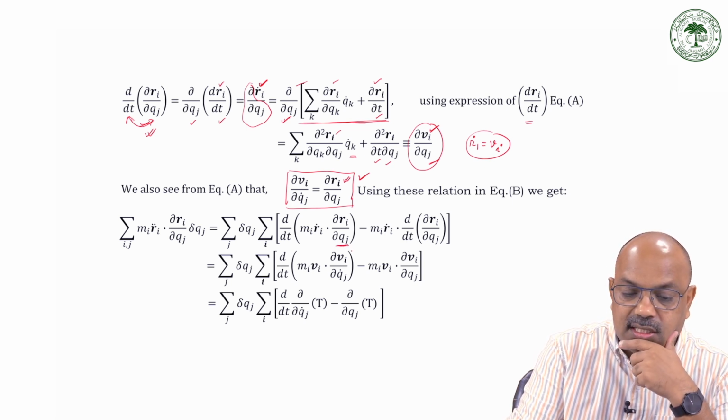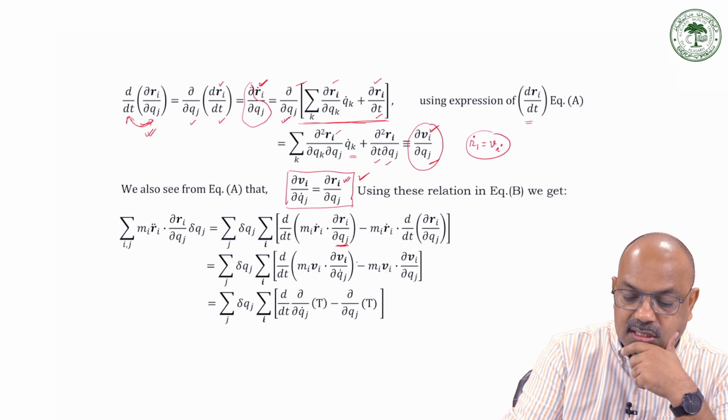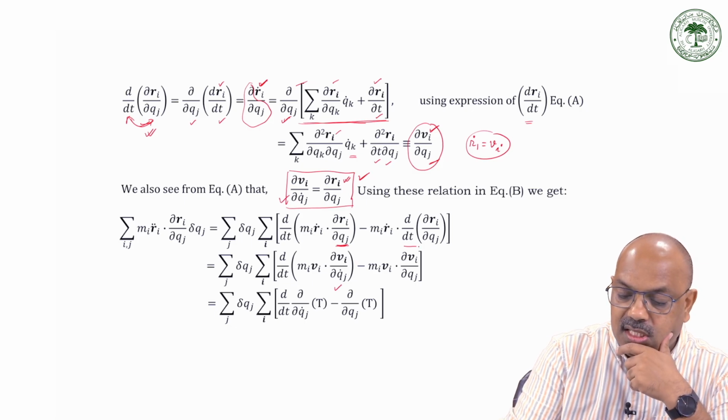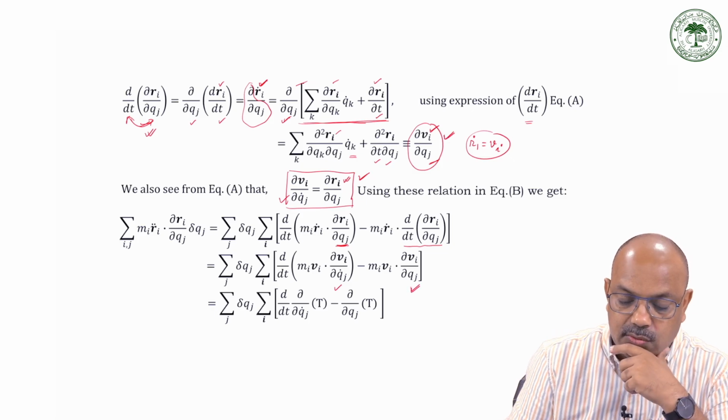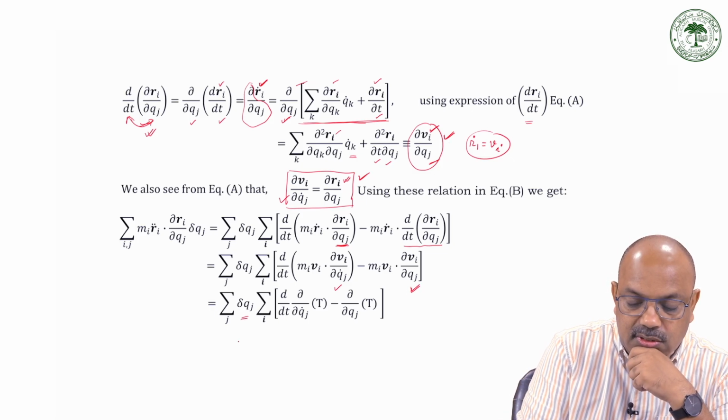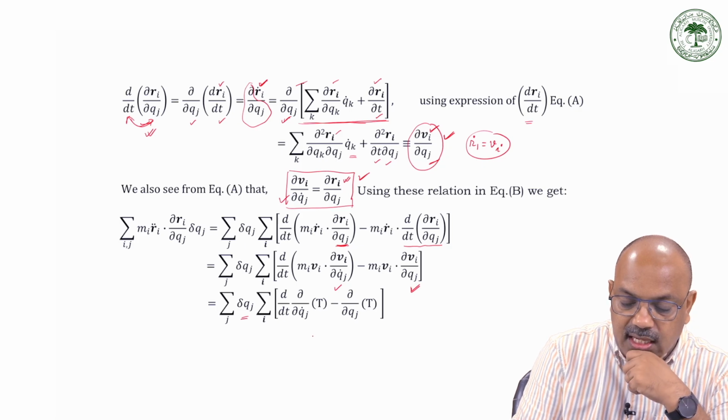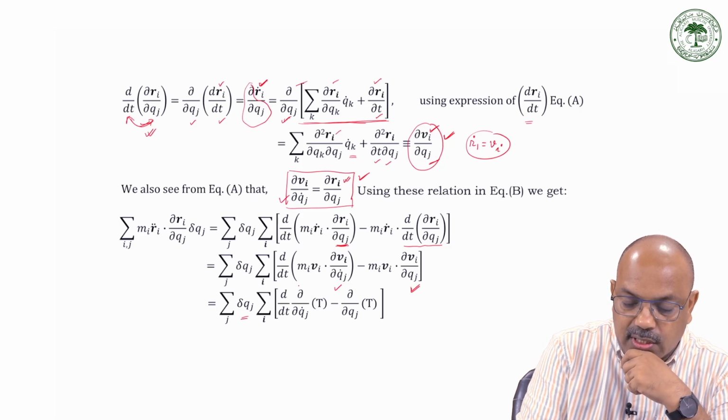So at this place I am going to use delta v upon delta qj dot, and what I am going to use is delta vi upon delta qj. Okay, so delta qj is there, and then this quantity is nothing but delta delta qj dot of t.